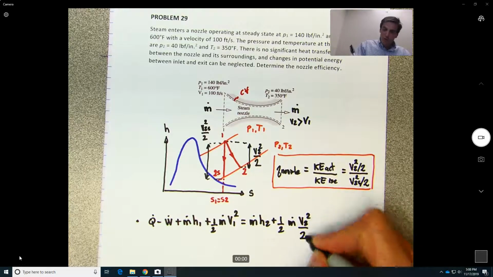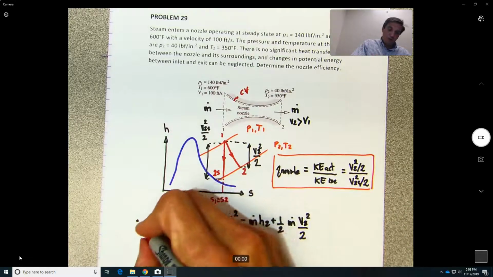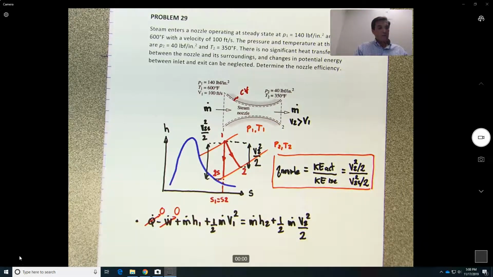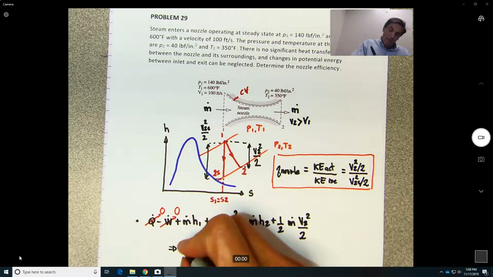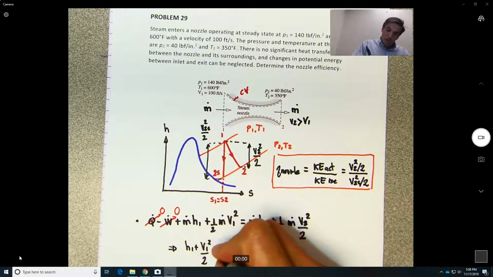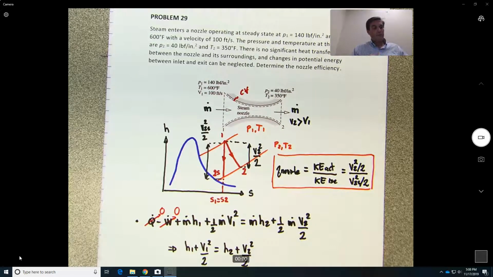This is neglecting potential energy. Then we can see there is no heat transfer in this problem. There is no power, so we can cancel out all the mass flows. So we have H1 plus V1 squared over 2 equal to H2 plus V2 squared over 2.